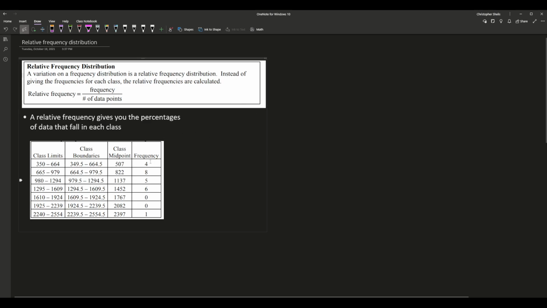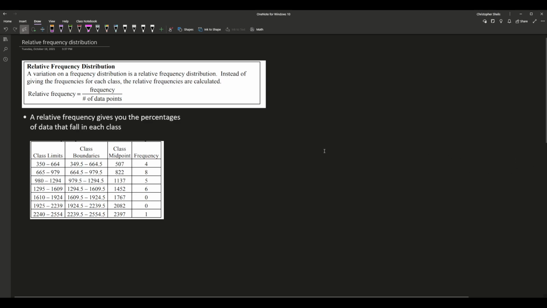A relative frequency gives you the percentages of the data that fall in each class, or the proportion of the data that fall in each class, depending on if you convert this decimal that we receive to a percentage or not.